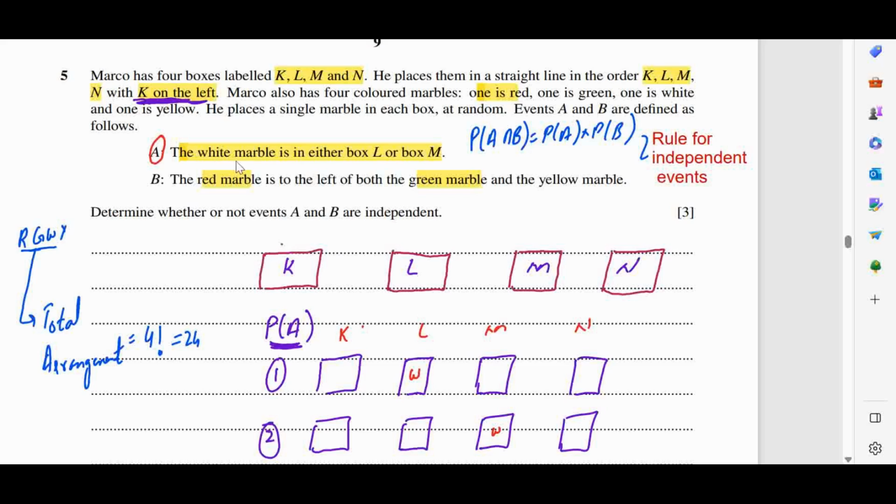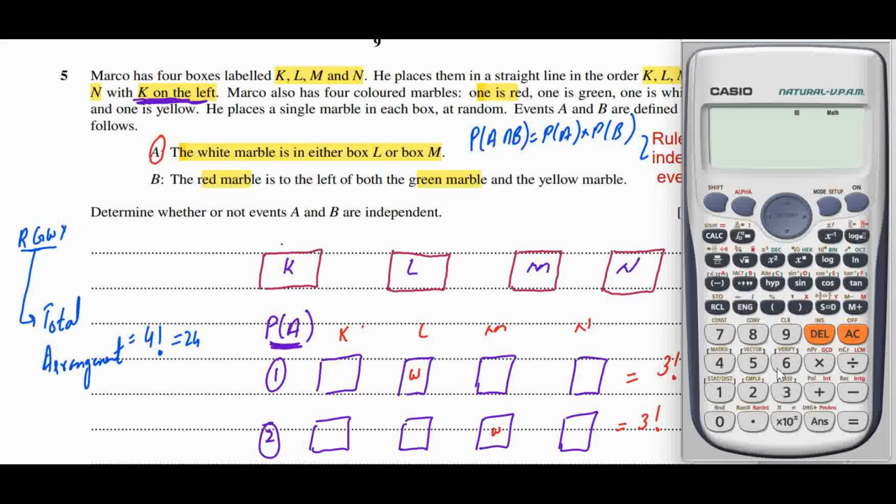For the probability of A, let's find the arrangements where it is either in box L or box M. For the first case, it will be 3 factorial, because we cannot change the white marble's box L, but we can arrange the remaining marbles. In the second case, we again will have 3 factorial.